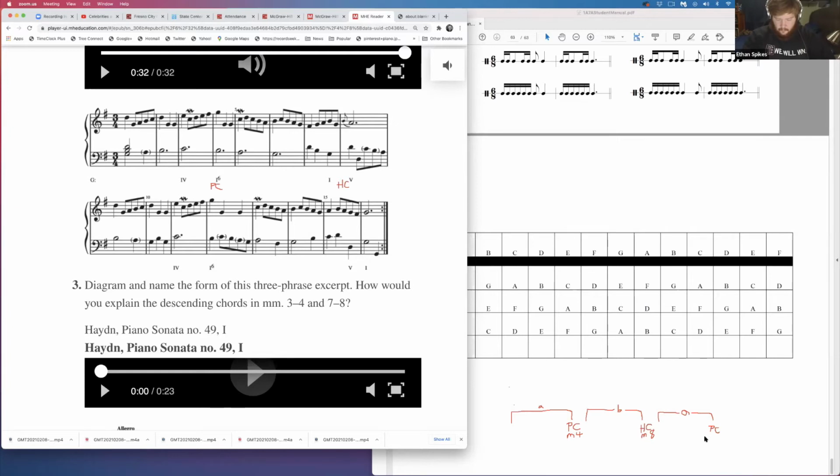This is measure 12. Do we have another B? Can we call it a B?